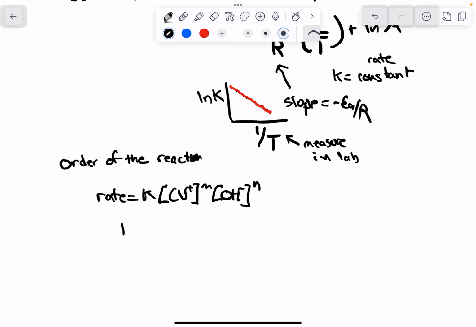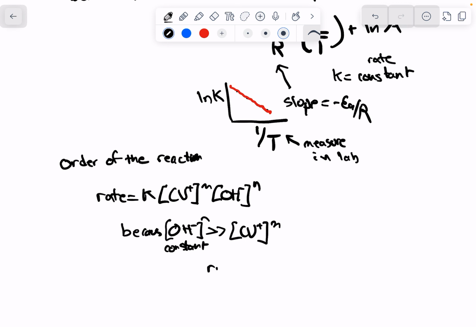But because the concentration of OH minus is so much greater than the crystal violet, we basically say that it is constant, and we put this in the rate constant.